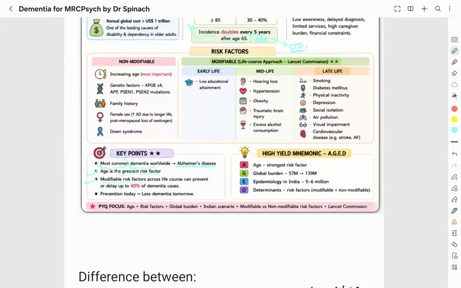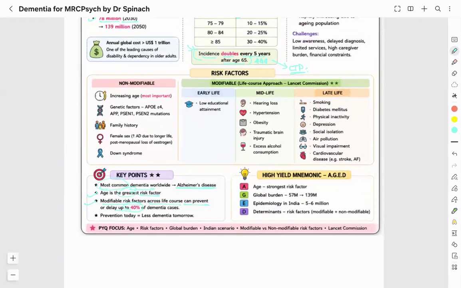Modifiable risk factors across the life course can prevent or delay dementia. There is the Lancet Commission paper, I think this is 2022. As far as I remember, Lancet Commission said there are 14 modifiable risk factors. If these are addressed, the dementia risk decreases by 40%.